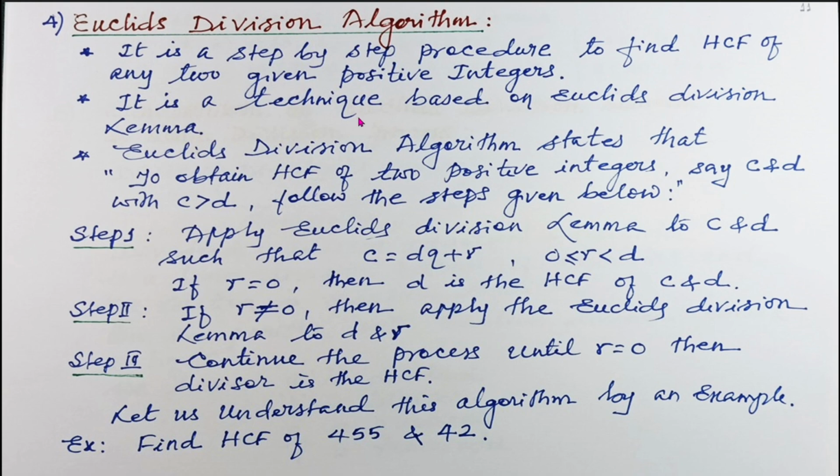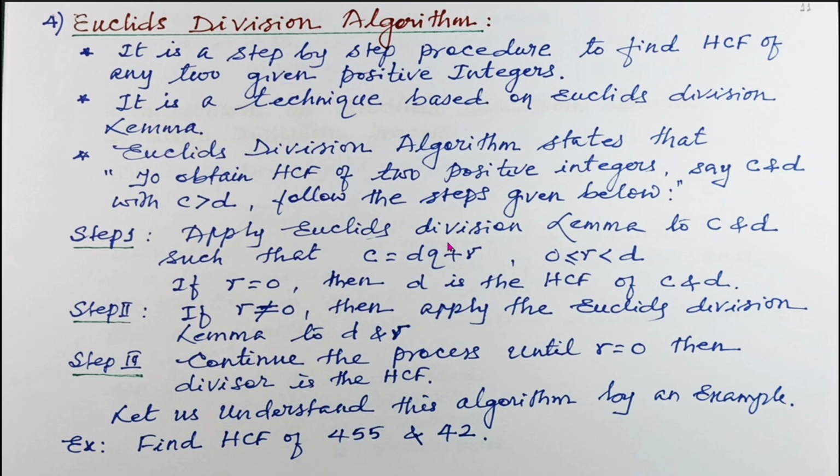Euclid's division algorithm is used to find the HCF of any two given positive integers, and it is a technique based on Euclid's division lemma. The procedure to obtain the HCF of two positive integers, say C and D, where C is greater than D, is to follow the steps given below. Apply Euclid's division lemma to C and D, that is C is equal to DQ plus R. If R is equal to 0, then D is the HCF.